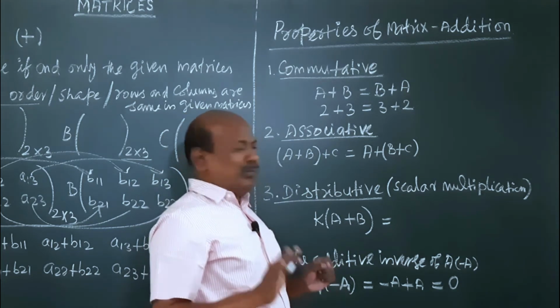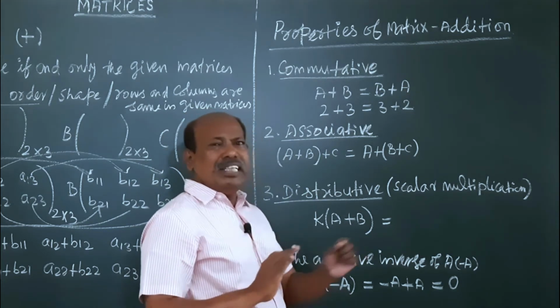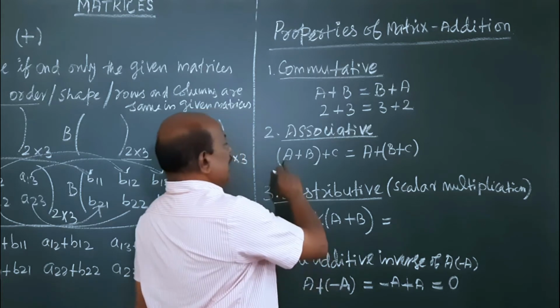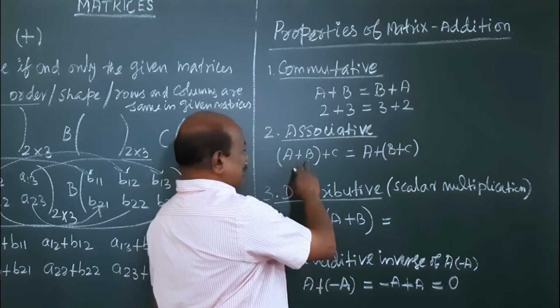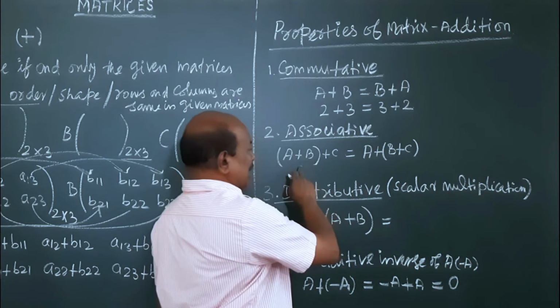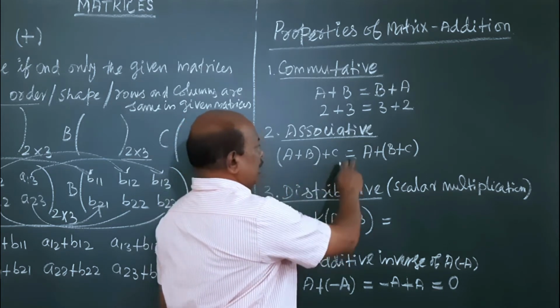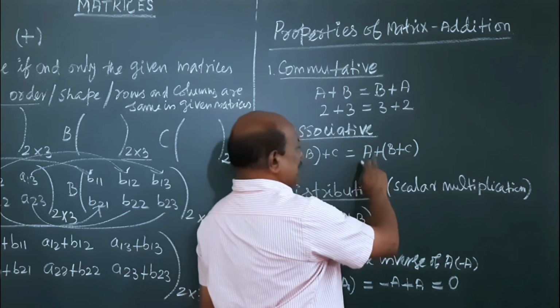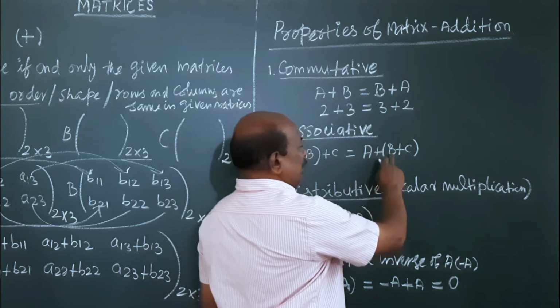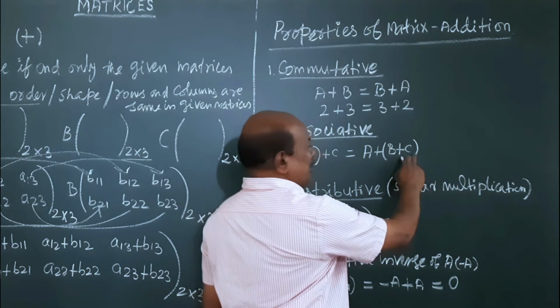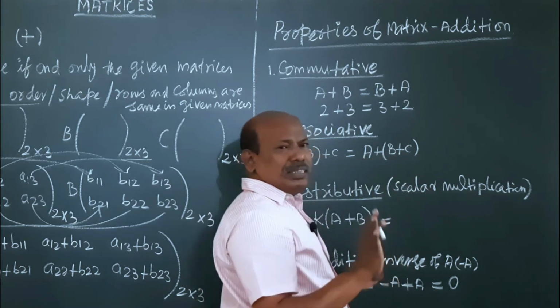Then the second property, associative. Associative means associating with each other. Here A matrix plus B matrix, that sum added with the C matrix, is equal to A matrix added with the sum of B matrix plus C matrix; both are the same.